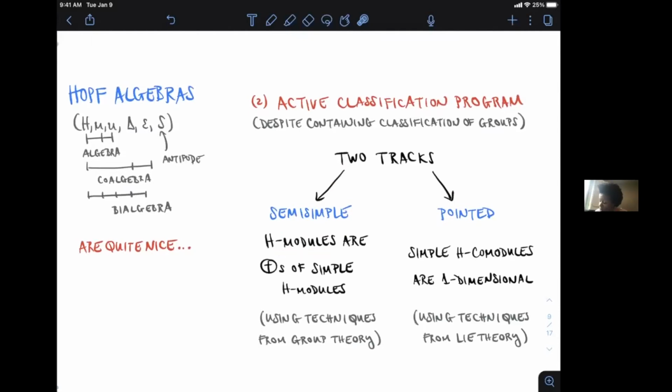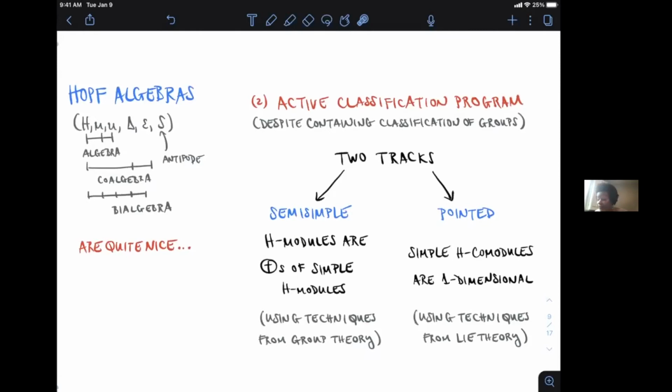The semisimple ones are ones where any module is the direct sum of simple modules. So it's a very nice representation theory. Techniques from group theory are used to study such Hopf algebras, like their extensions and duals, and there's even a Jordan-Hölder theorem. There are lots of techniques from group theory that are used to classify these gadgets.